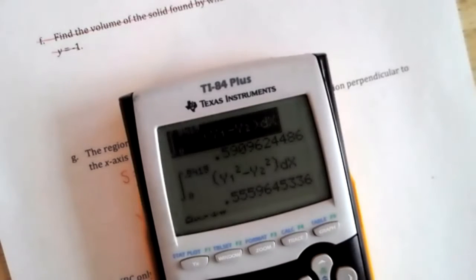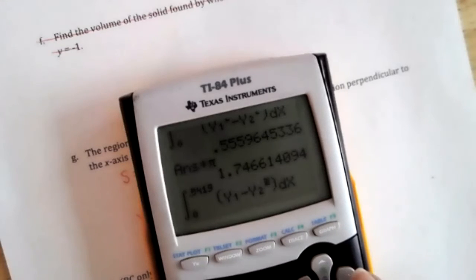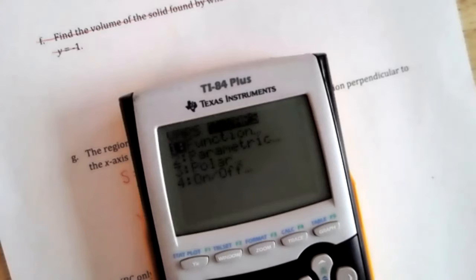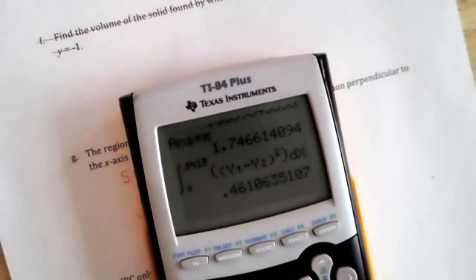I would probably go to this one, and then at the end of my parentheses, hit second insert square, and actually it looks like I'm going to have to add my own. So I have y1 minus y2 squared times dx, and I get 0.461.